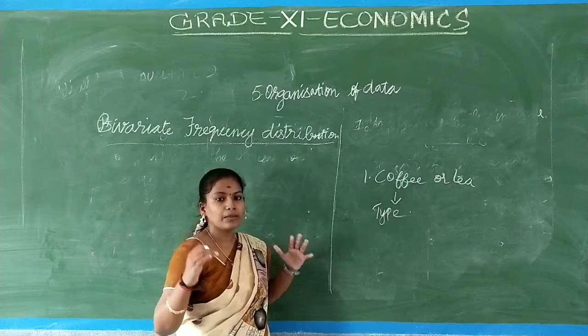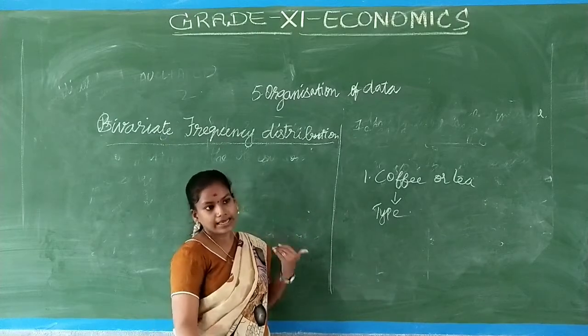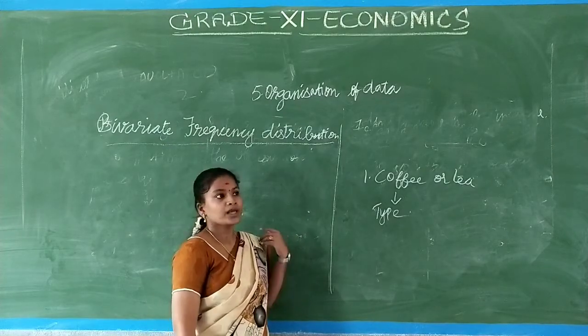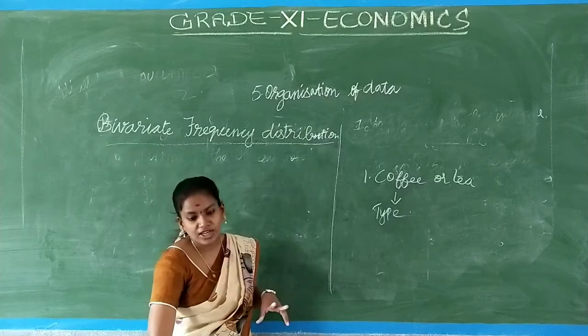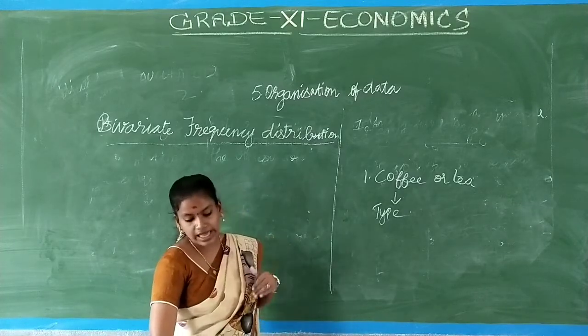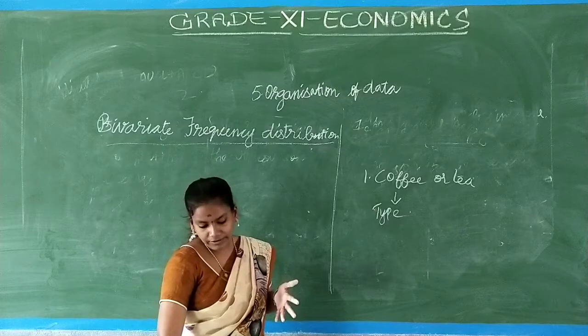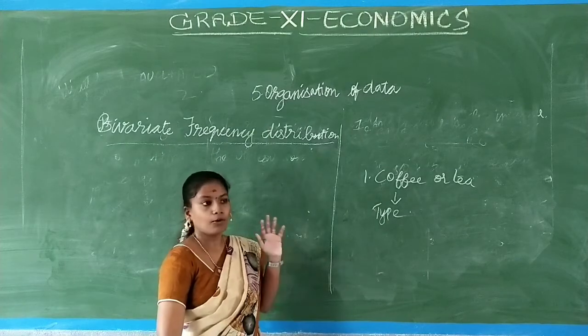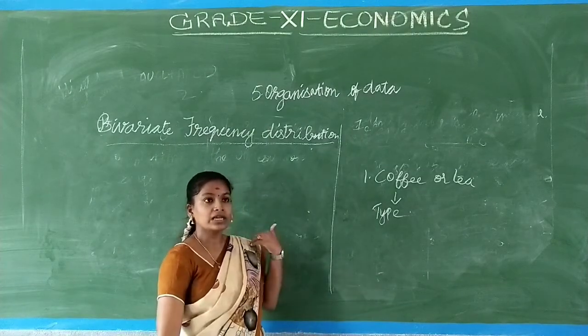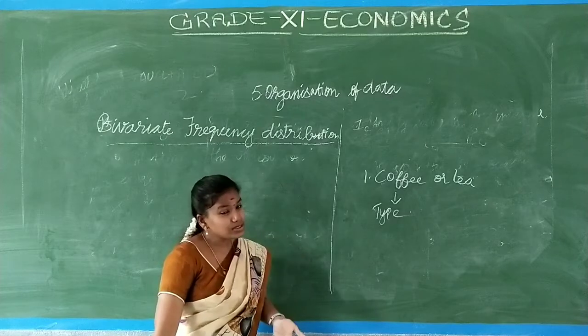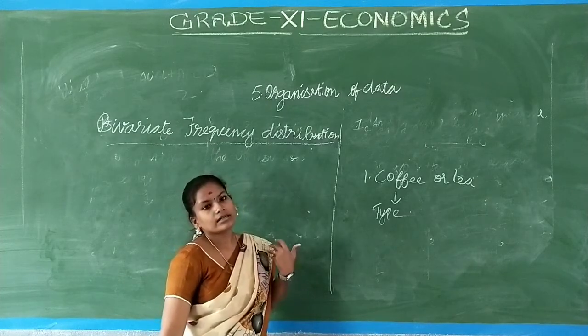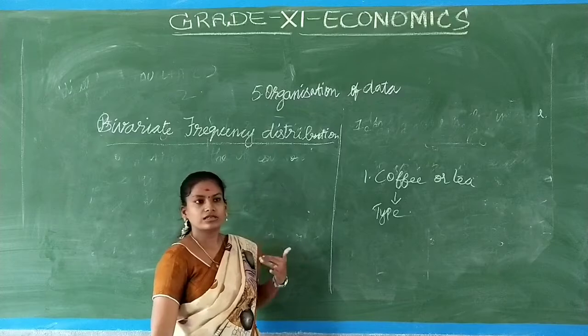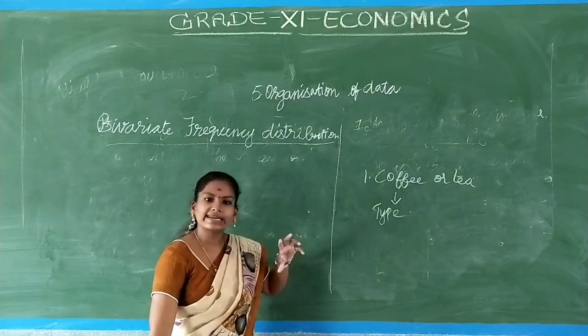When you study two different elements, in the example that they have given to you, they have studied the sales and what they have spent on advertising. They want to relate it and study.